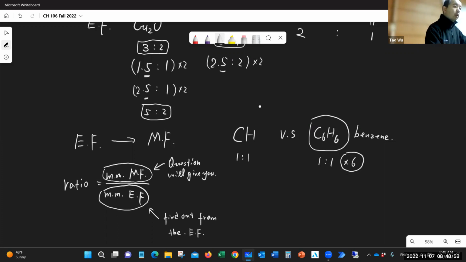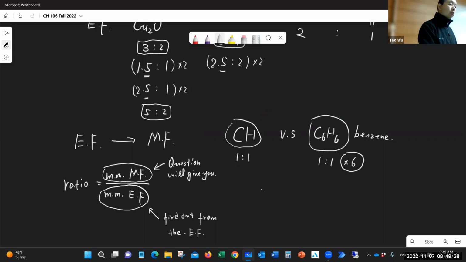For example, you see the empirical formula is CH. Based on the molar mass of carbon and the molar mass of hydrogen, you figure out the molar mass of CH. Then the molar mass of the molecular formula divided by the molar mass of the empirical formula gives you a ratio, and the ratio helps you figure out the molecular formula.